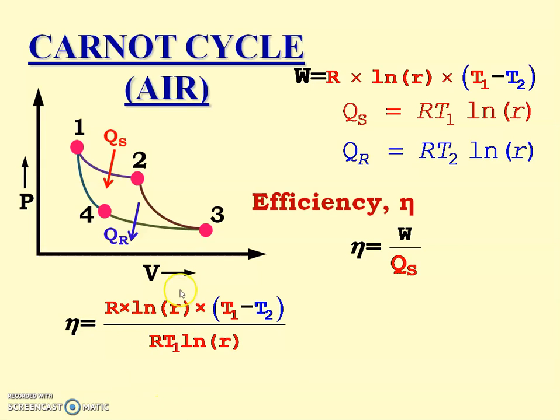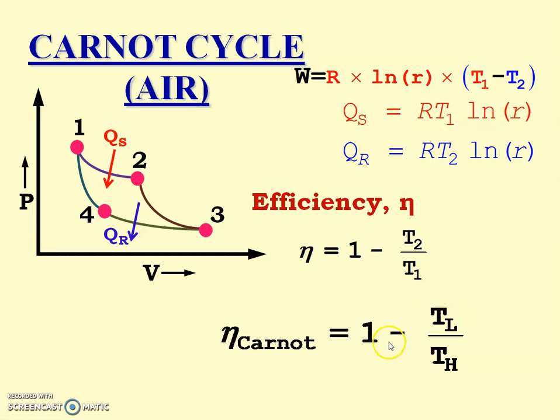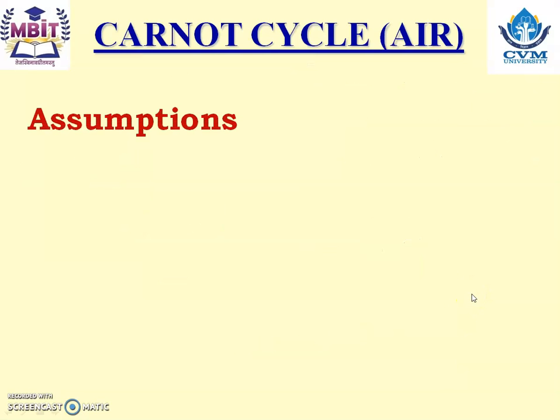R cancelled, ln R cancelled. So the answer is efficiency of Carnot cycle air is T1 minus T2 divided by T1. And it can be written as 1 minus T2 by T1, or it can be written as 1 minus TL by TH. So this is the efficiency of Carnot cycle air.